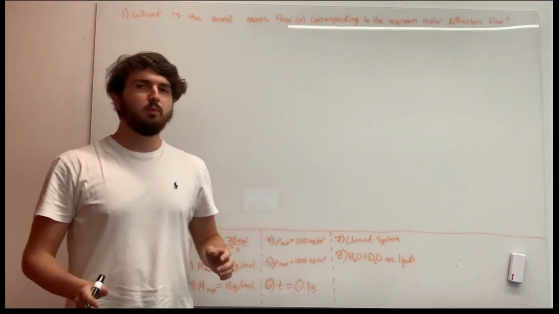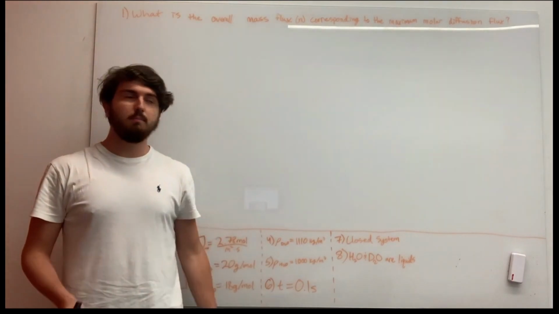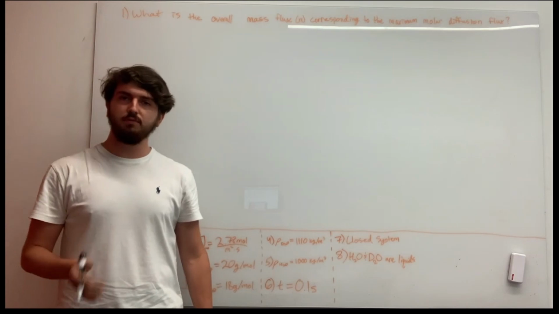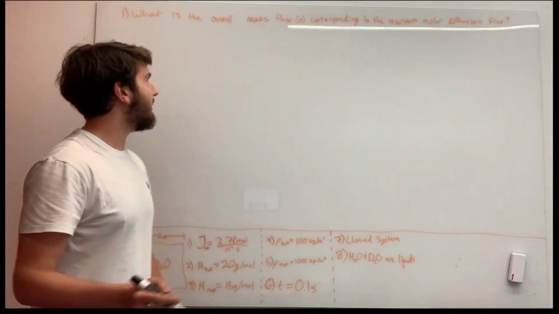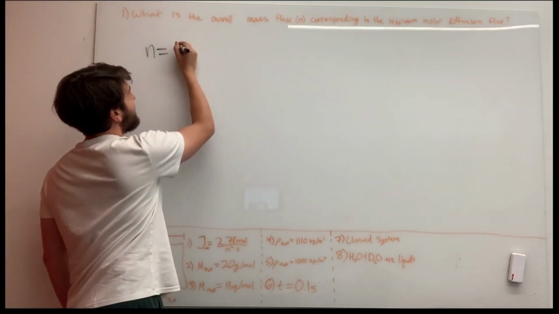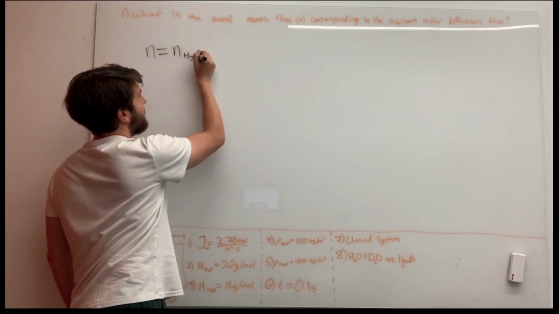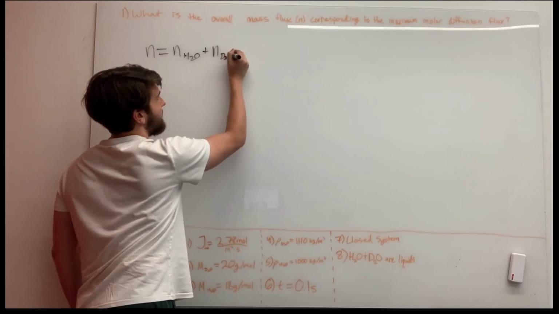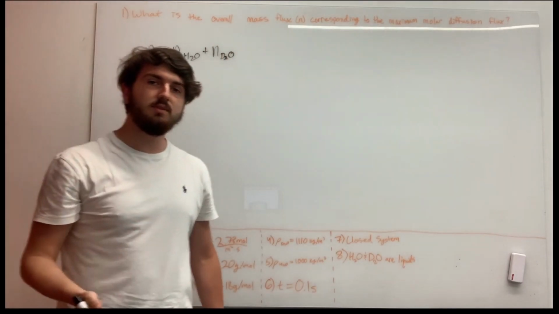So for our first problem, we're going to be solving for the overall mass flux corresponding to the maximum molar diffusion flux. To start that off, we have the equation that the overall mass flux is equal to the sum of the individual mass fluxes, so the mass flux of H2O and the mass flux of D2O.